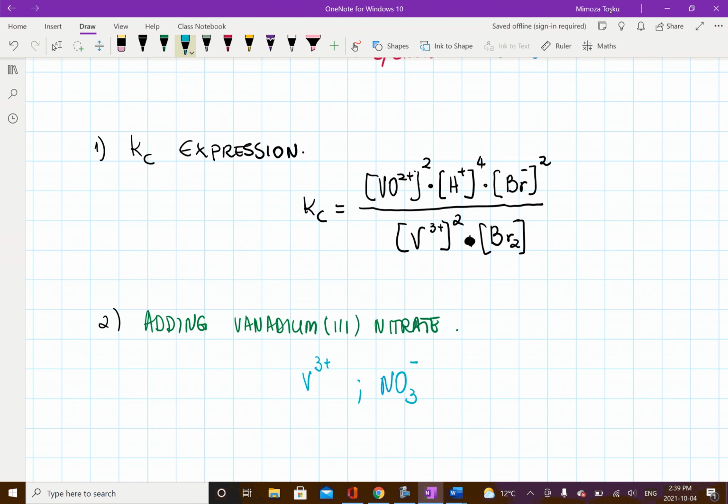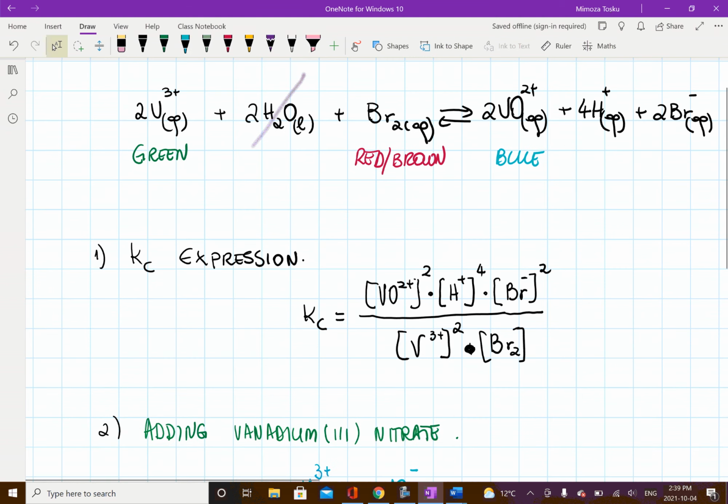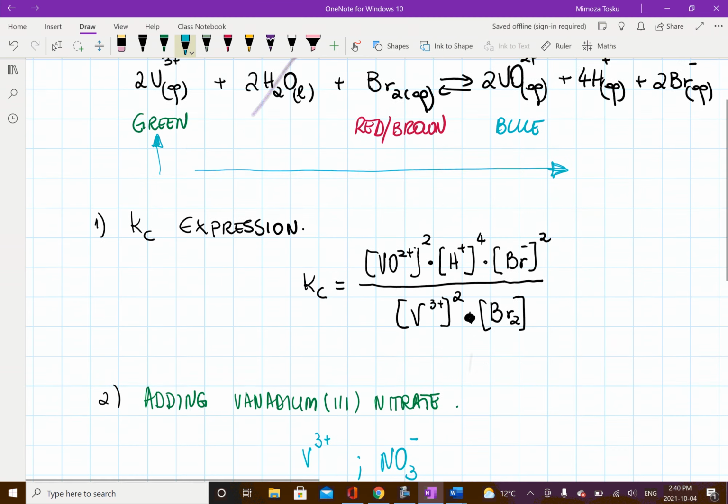Therefore, in terms of Le Chatelier's principle, you are adding to the concentration of vanadium 3 plus. To apply the principle, this vanadium should be used up, so the shift will happen toward the products, to the right, so that it is used up.